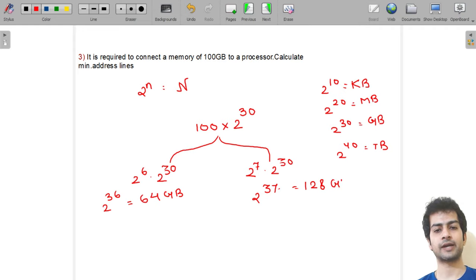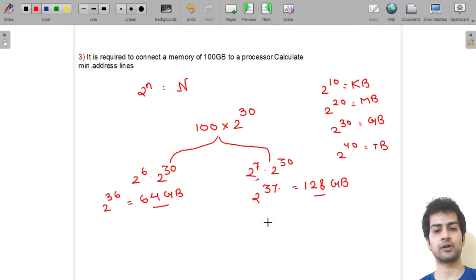So now you will get confused about which one to choose. If we take 2 to the power 6, then we get 64 gigabyte, which is less than 100 gigabyte. And if we choose 2 to the power 7, then we get 128 gigabyte, which is greater than 100 gigabyte. Then what will be our answer?